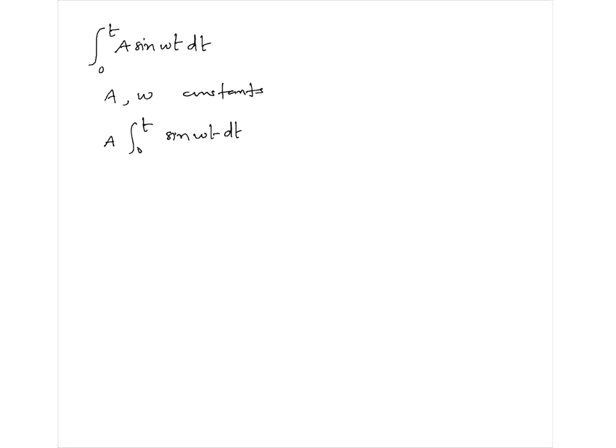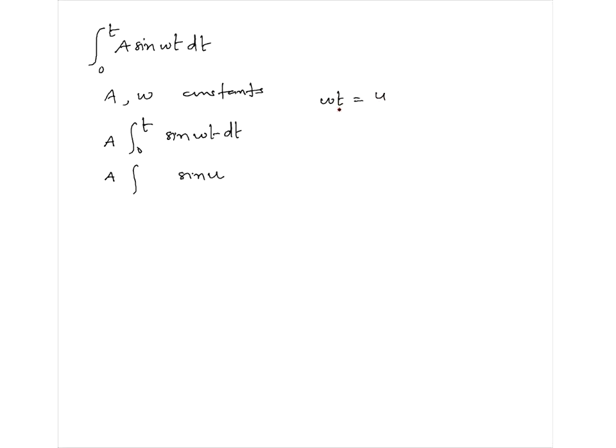So method of substitution, let omega t be some other variable u, that would make it sine u, but we would like dt to get converted to du also.